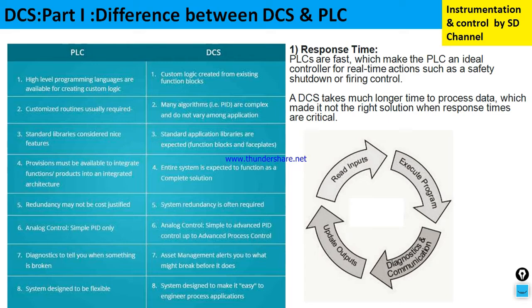So this is the difference between DCS and PLC. PLC is used for small scale industry, can be used for batch processes like a DM water plant, but DCS can control the whole system. The number of I/O in the DCS is much more than the PLC.